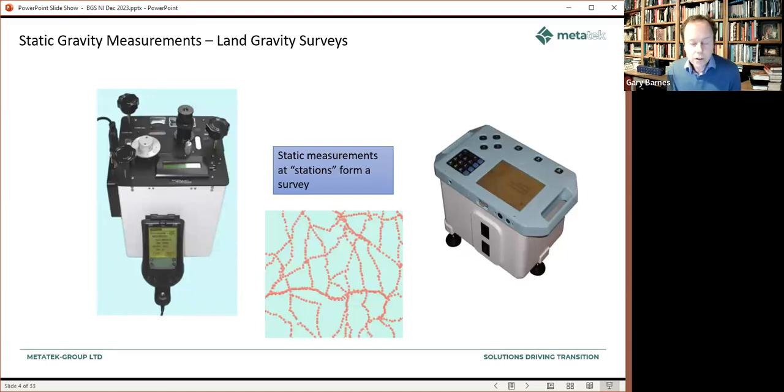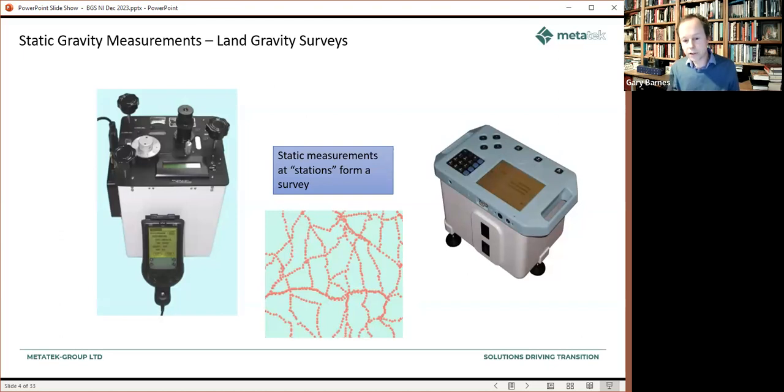Now, these are the land instruments that are used for land gravity surveys. On the left, you have a somewhat more traditional instrument, a LaCoste and Romberg instrument, and a slightly more modern version on the right there. But with a land gravity survey, essentially what you're doing is you're taking this very sensitive instrument and moving it from one place to another place on the Earth.